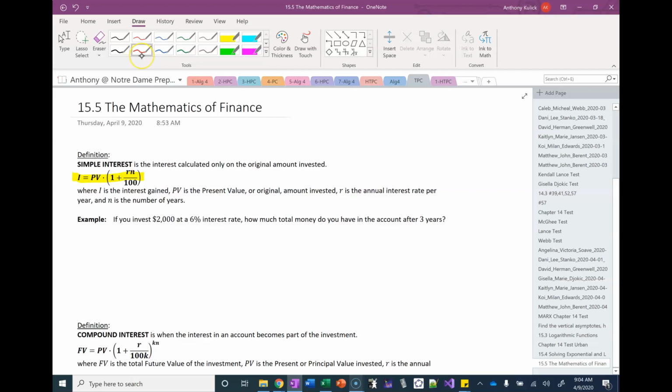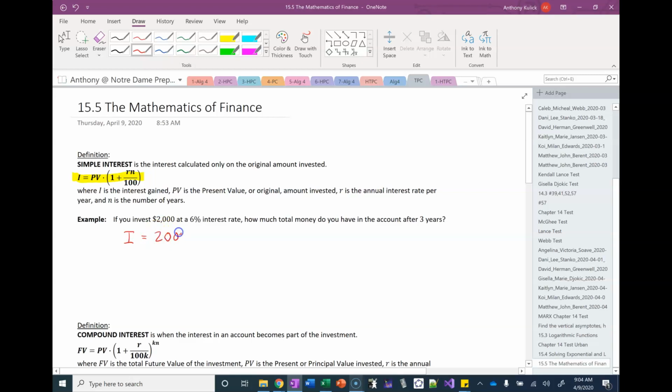So let's look at an example to get comfortable using this. It says you invest $2,000 at 6% interest. How much money do you have in the account at the end of 3 years? Well, we're looking for how much interest we've gained, so I is what we're looking for.